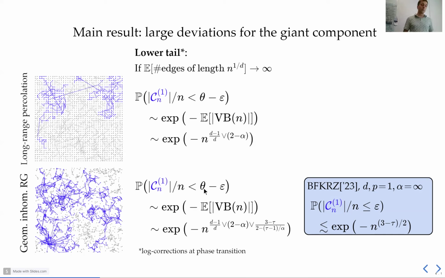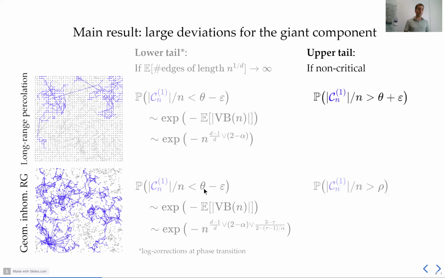So let's go to the upper tail. So this is the probability of observing a much larger cluster than you would actually expect. And I want to do a very small poll. I'm not sure if it's possible, but otherwise we can put, I guess, reactions. So maybe let's have a question.